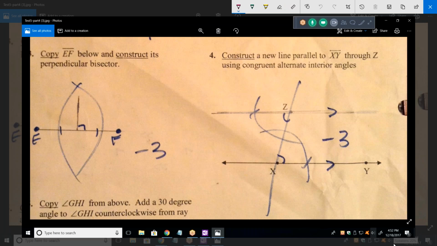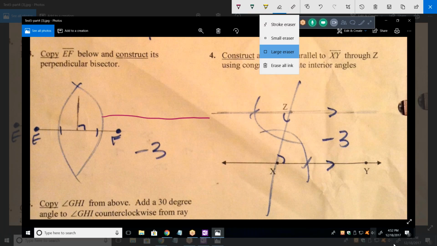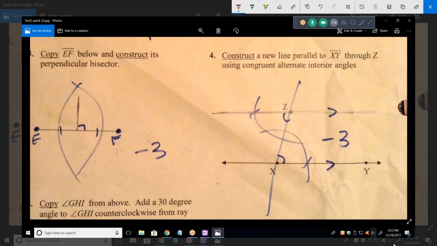So, I have a line over here. Let me not draw it there. Let me draw it up here. And I have a point, Z. And I want to draw a line through Z that's parallel to my line here.